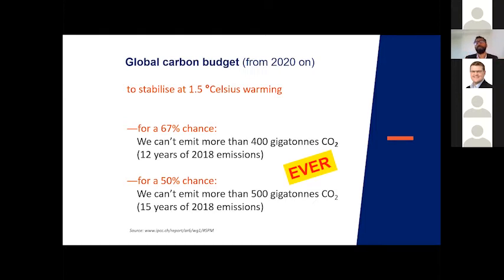So that's our carbon budget. We can only emit in the rest of our lives and future 12 years of 2018. That's how much we have left under our carbon budget in order to stabilize our global climate at 1.5 degrees. So that's the concept of the carbon budget.